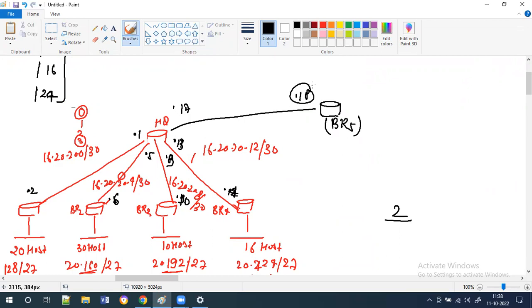I can assign the next pool, right? Let's suppose we have the requirement of a total of 30 hosts. Then what I can do is take 32, 32, two pools of the slash notation. Which pool?